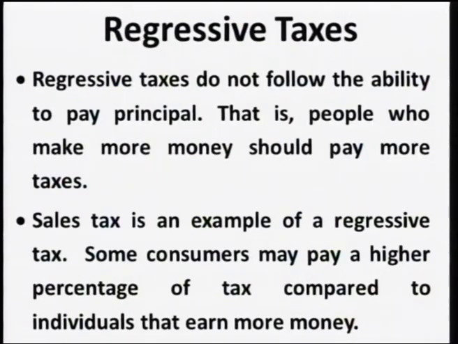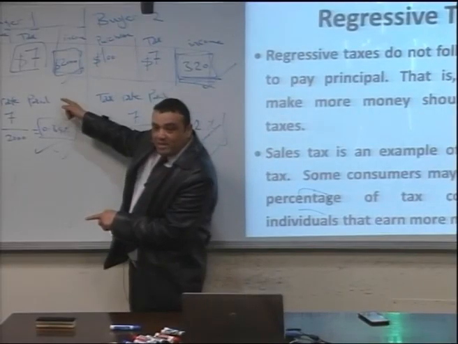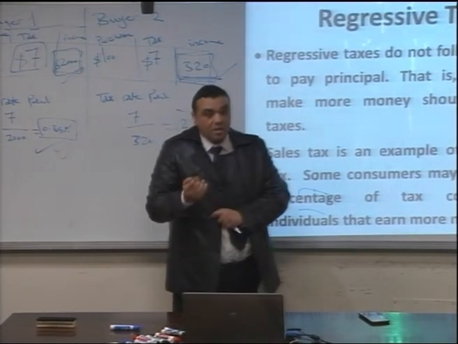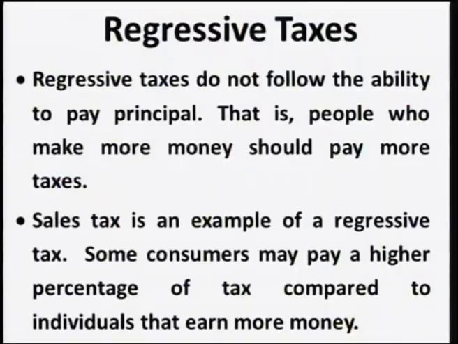So, the regressive taxes, here are the implications for the regressive taxes. You see, the regressive taxes don't follow the ability to pay principle. Right? If we talk about ability to pay, this person must pay larger amount for taxes. So this doesn't fit with the principle, the ability to pay principle.